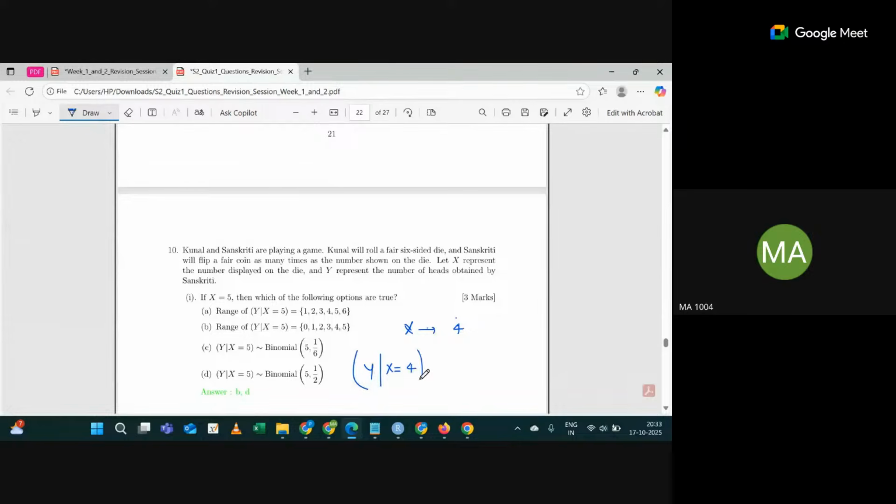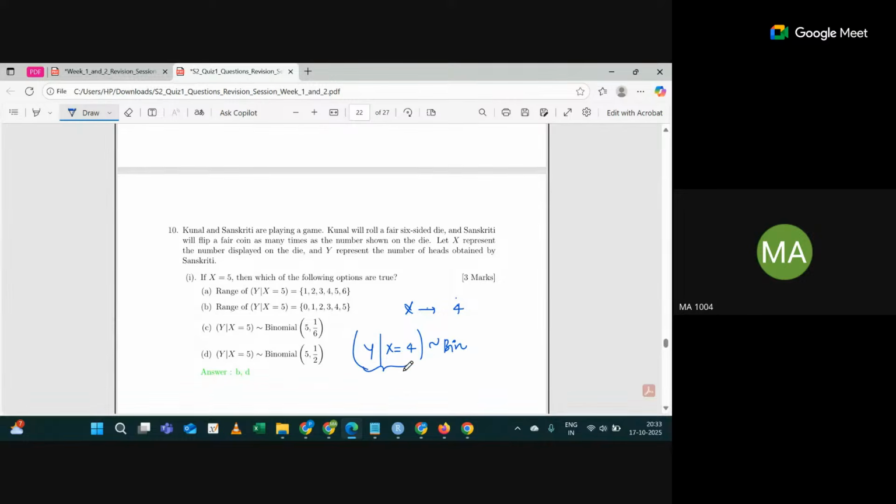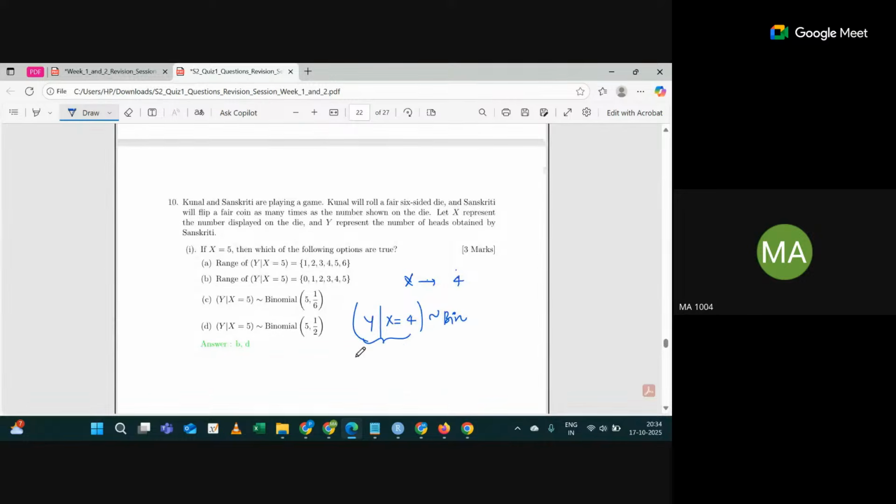So this whole conditional part will follow binomial, because at the end we are going to toss a coin 4 times, right? Each time Sanskriti may get head or tail. So basically she may get 0, 1, 2, 3, 4 heads. That's the maximum possibility.